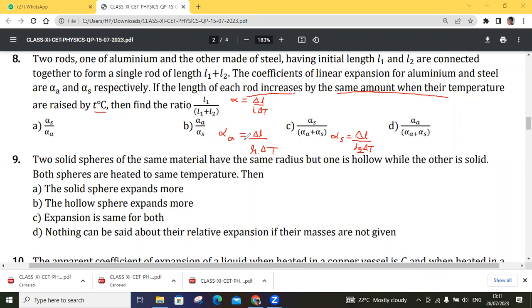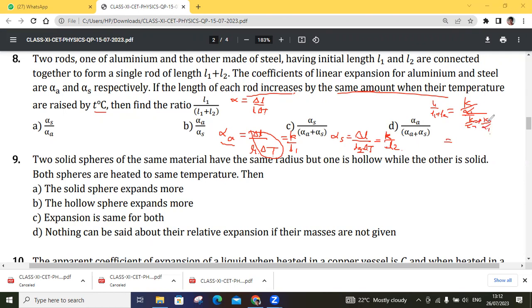So now they're asking ratio of L1 by L1 plus L2. So if you take delta L by delta T as some constant K, what will you get? L1 will be K by alpha A. Here also it will be K by alpha for L2, because delta L and delta T are same here also. So L1 by L1 plus L2 will be K by alpha 1 divided by K by alpha 1 plus K by alpha 2.